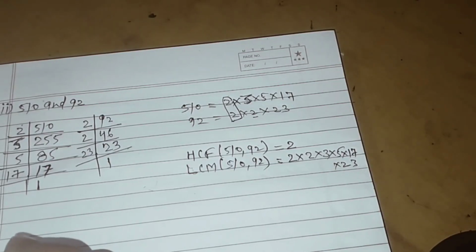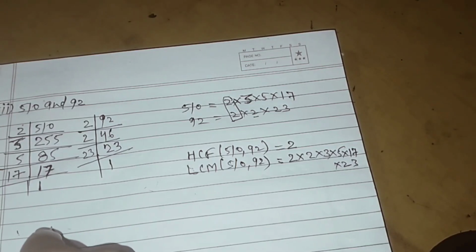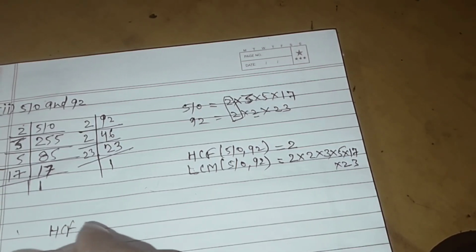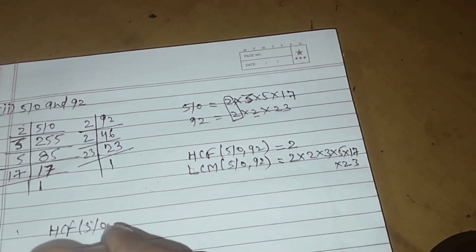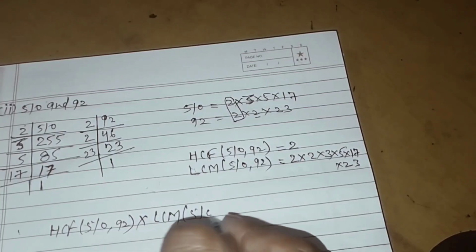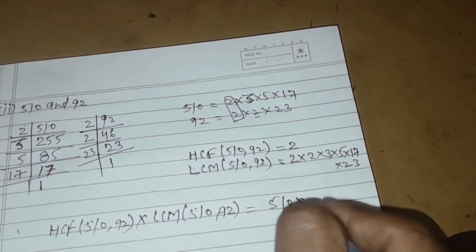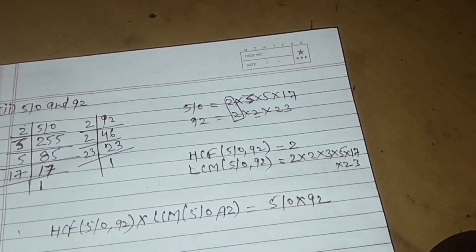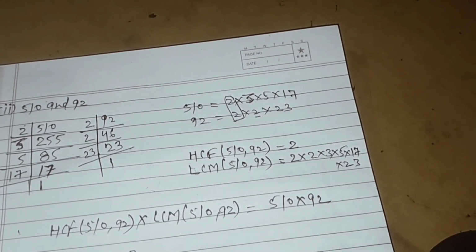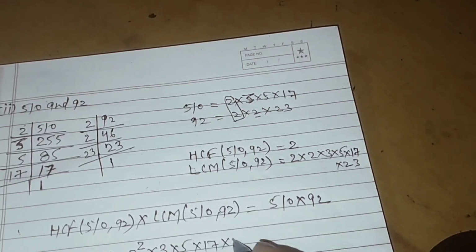So verify that the HCF of 510 and 92 times the LCM of 510 and 92 is equal to 510 into 92. So the HCF is 2 and the LCM is 2 square times 3 times 5 times 17 times 23.